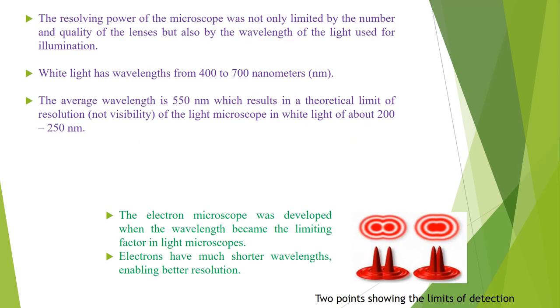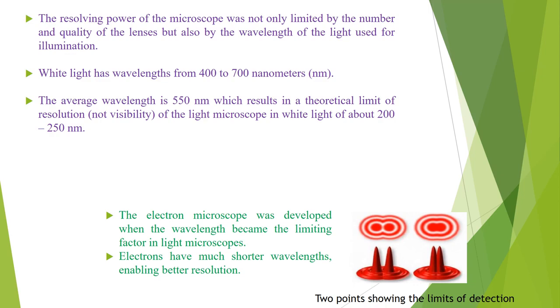The resolving power of a microscope is limited not only by the number and quality of the lenses, but also by the wavelength of the light used for illumination. White light has wavelengths from 400 to 700 nanometers.